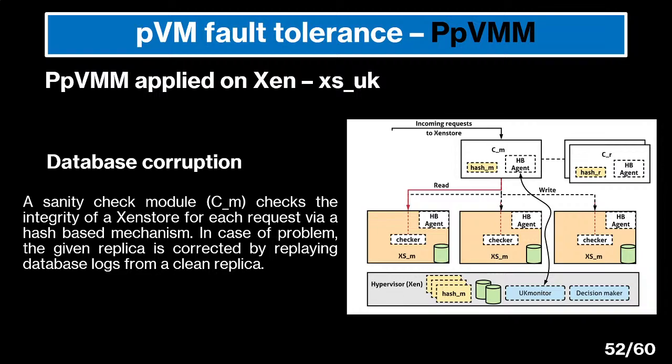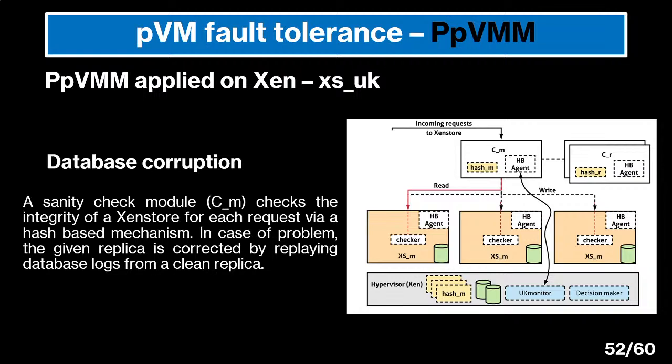For database corruption, the XenStore is an FS-like structure, with directories. If there is a write on a corrupted directory, there's no problem because it's going to override the corrupted information. So the real issue here is for read requests.